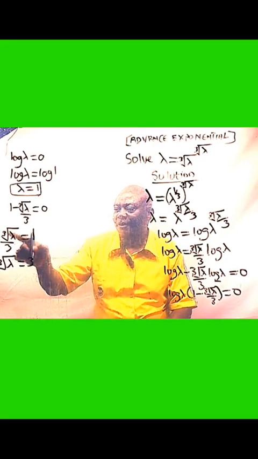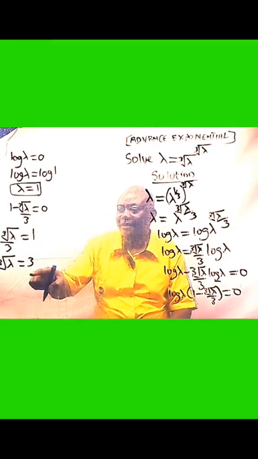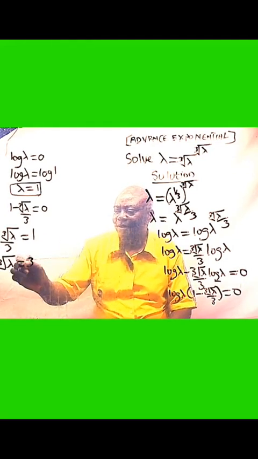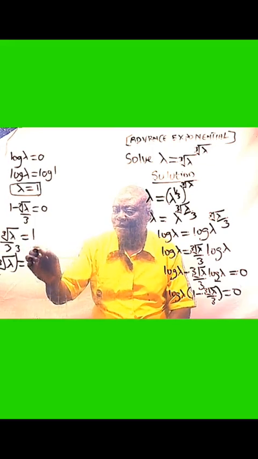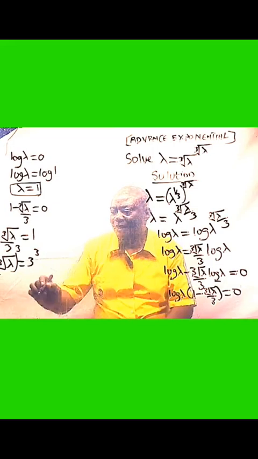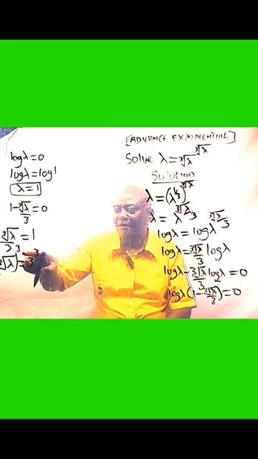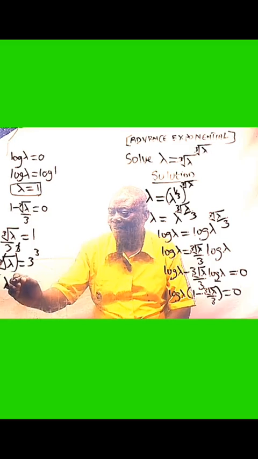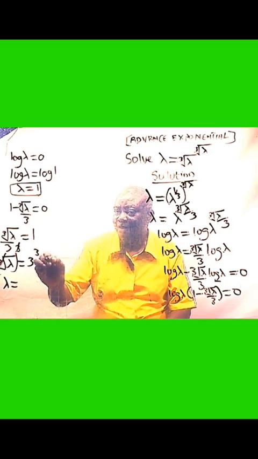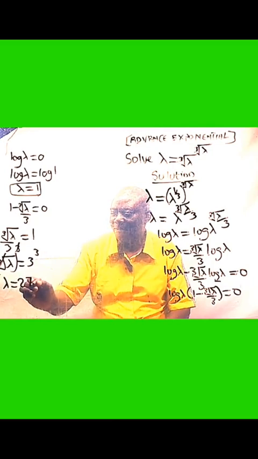Yes, now you multiply and get this. And to get the value of lambda, you take the cube of both sides. That means you raise everything to the power of 3. So this one will cancel out the other. So lambda will be equal to 3 times 3 times 3, which is 27.